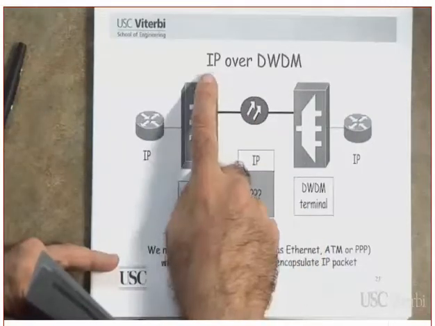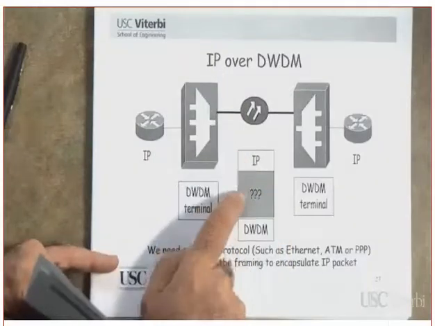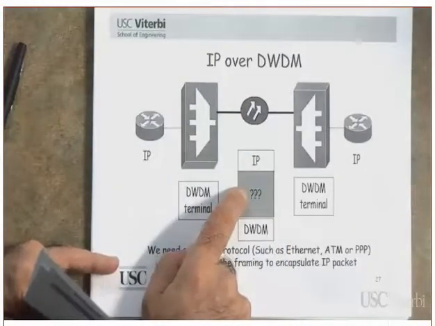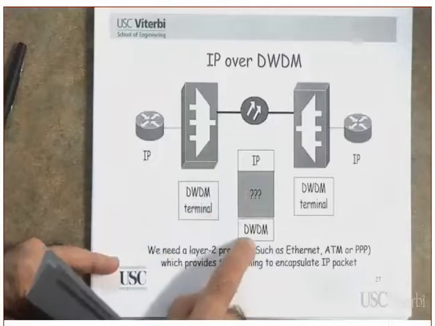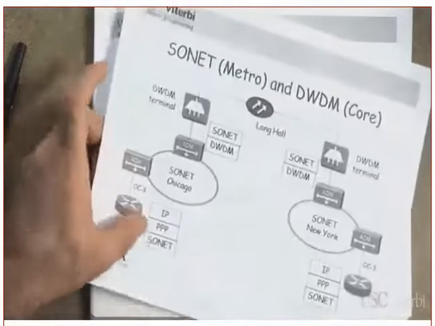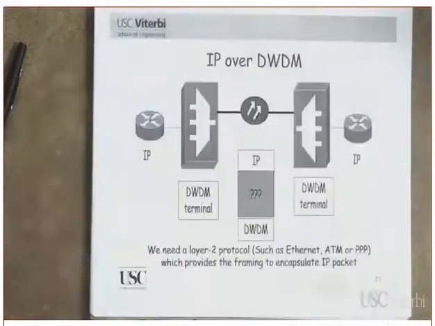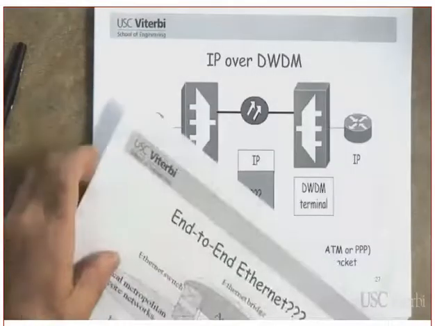Now, when you hear the word IP over DWDM, in reality, it's IP over some second layer protocol, whether it's Ethernet or PPP, over DWDM. In other words, you are just eliminating the need of SONET. Clear? Clear? No response.